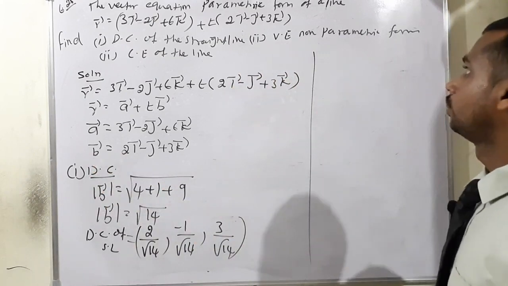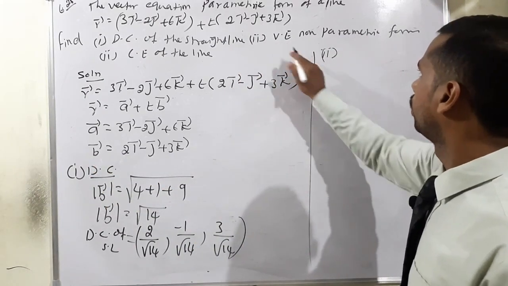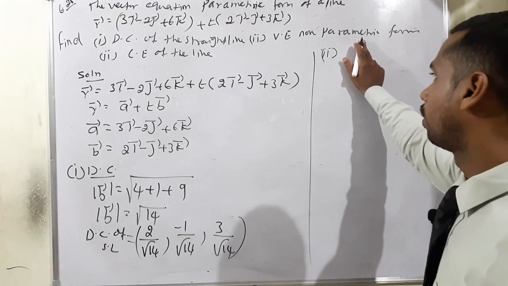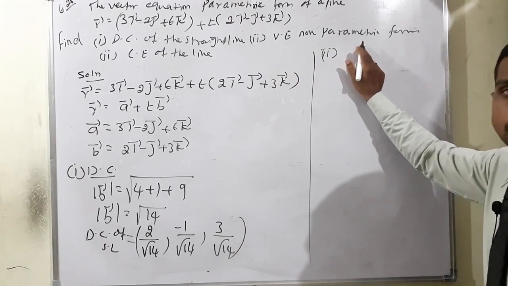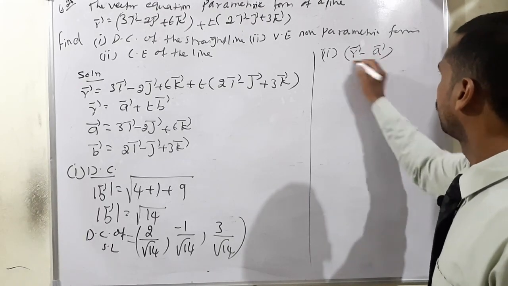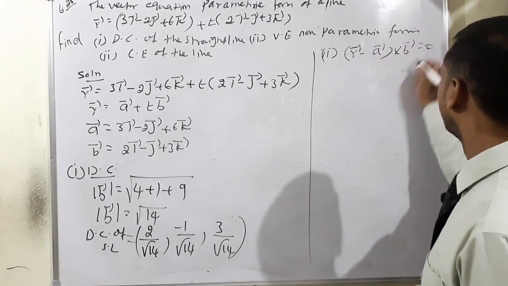The next one, second, is the vector equation in non-parametric form. Already we know the formula: r vector minus a vector cross b vector is equal to 0.